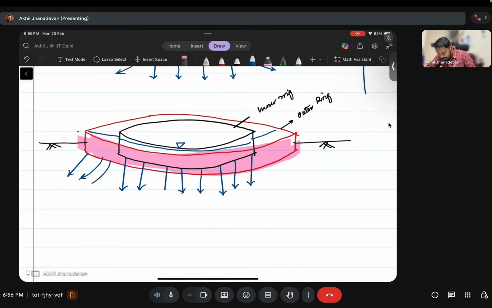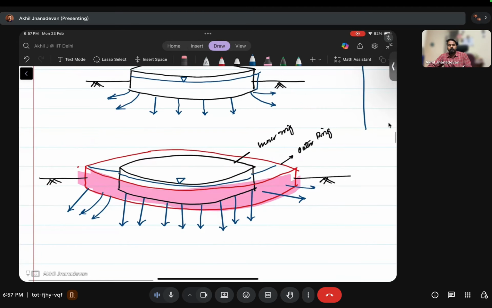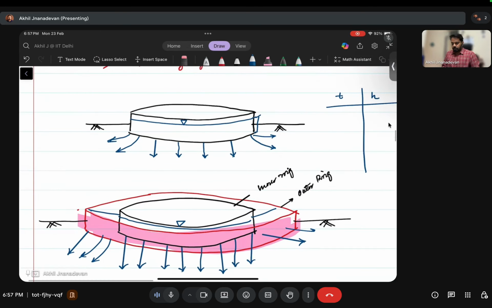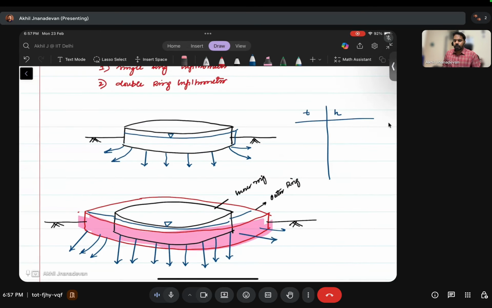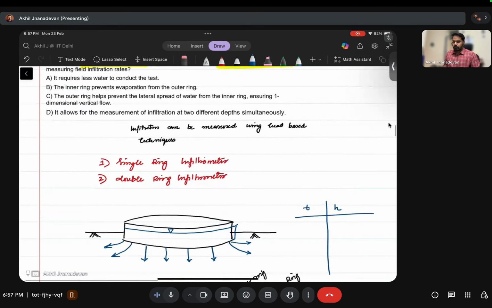It won't be disturbing the inner ring, right? So the inner ring will get a perfect one-dimensional, one-directional infiltration, and we'll get more accurate infiltration rates. That is the advantage of using a double ring infiltrometer over a single ring infiltrometer.